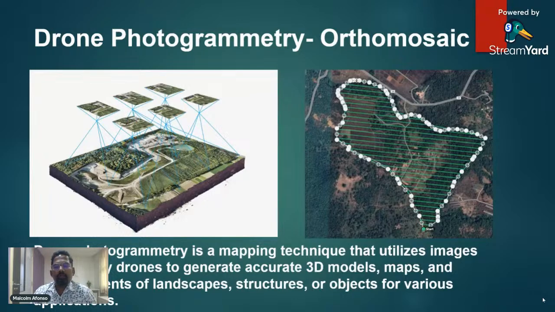In photogrammetry, it's a technique where we use imagery and build 2D, 3D models from imagery. So the process works something like this. We identify an area which we need to map, and then we prepare a flight plan. On the left side of my screen, you can see we have prepared a flight plan to map a certain area. These lines represent the flight path that the drone will take.